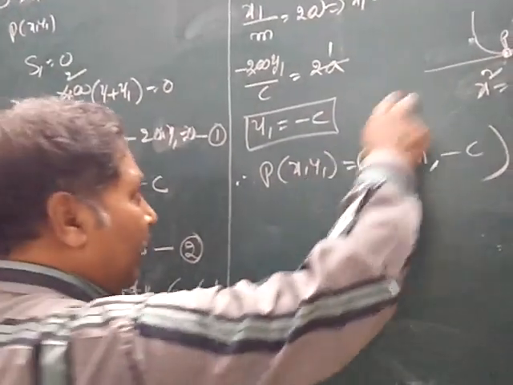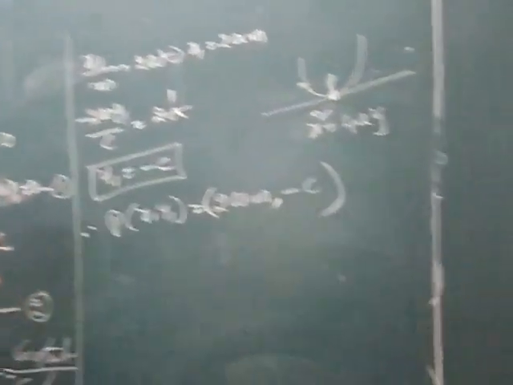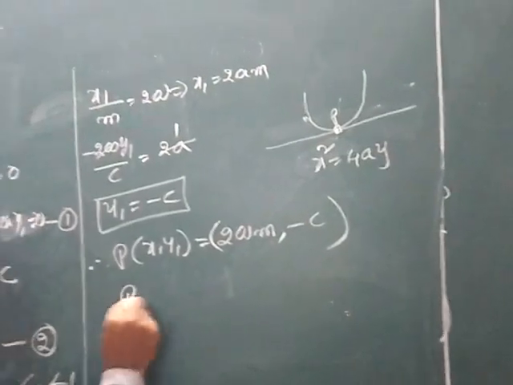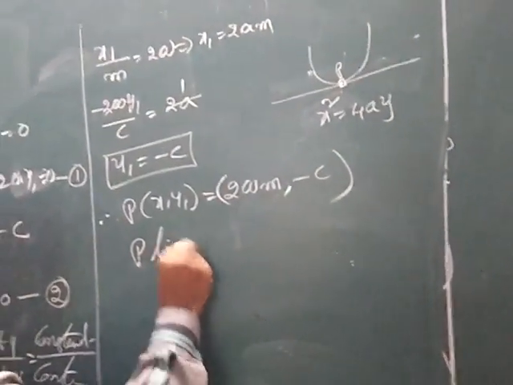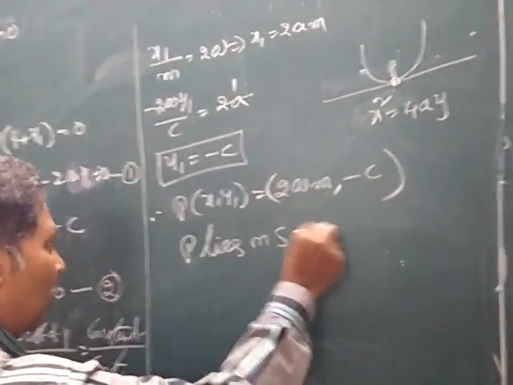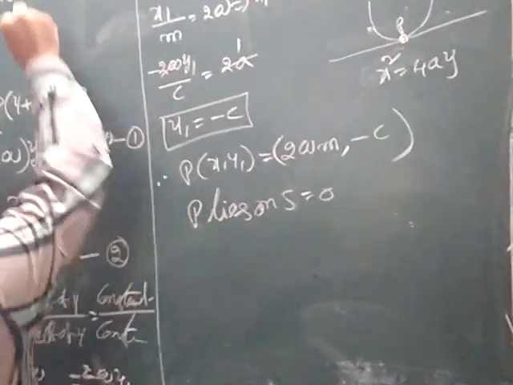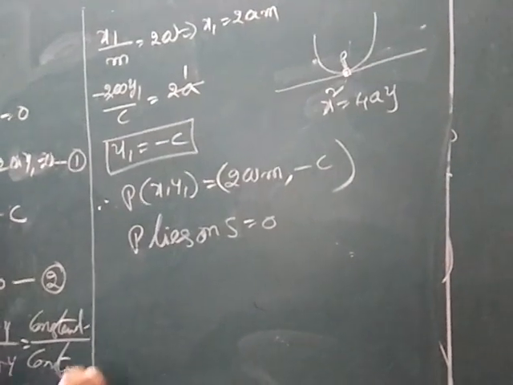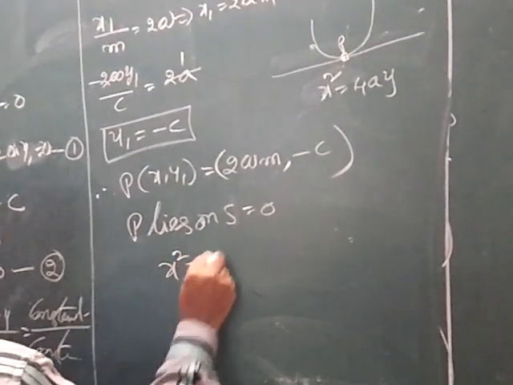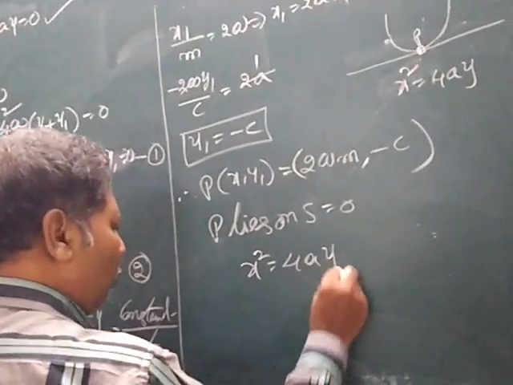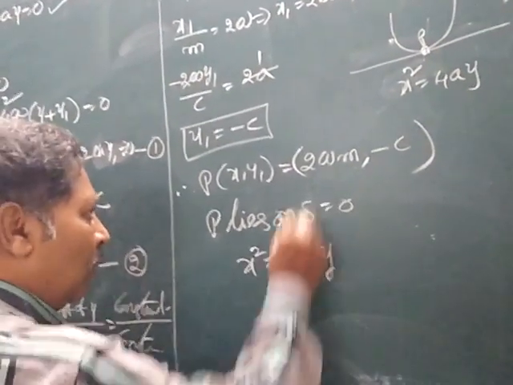Substitute P point in the parabola equation. P lies on S equal to 0. X square equal to 4ay.